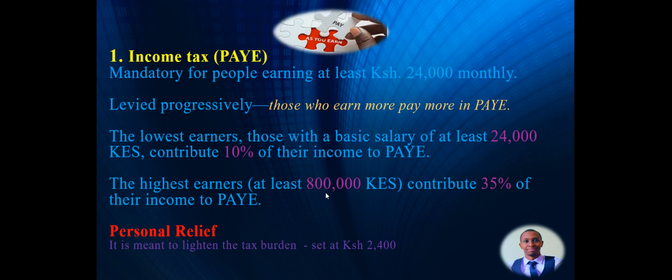For instance, if the total tax that was to be deducted was 23,000, then the system you're using should deduct the 2,400 personal relief just to cushion you and ease the tax burden, the obligation that you're supposed to pay to the government.